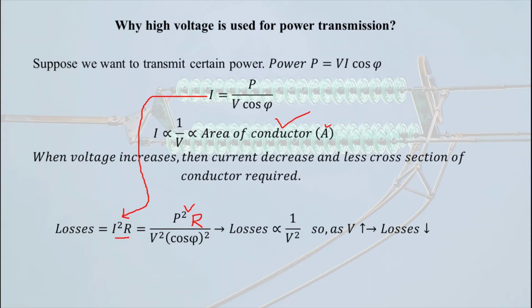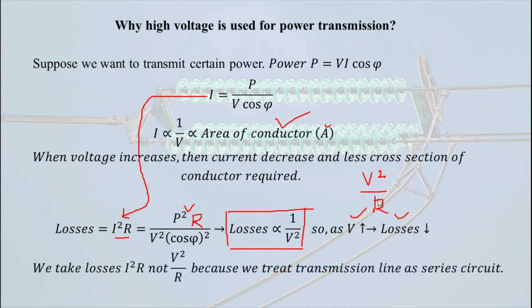So as voltage increases, these losses will decrease. Here, why do we take these losses as I square R, not V square by R? Because the formula for losses is both I square R and V square by R. So the answer to this question is, here transmission line is considered as a series circuit, and for a series circuit we take losses as I square R.